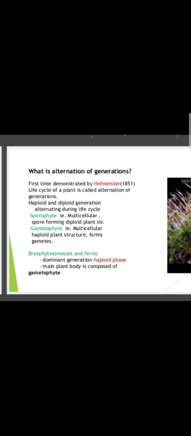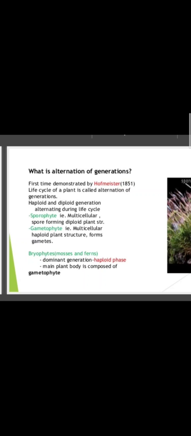Now, what is the definition of alternation of generation? In one line, you can say: in the life cycle of a plant, there are two modes of generation, haploid and diploid generation, alternating during the life cycle.